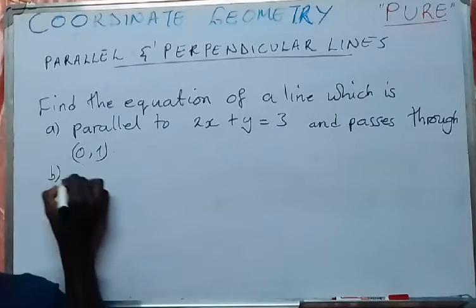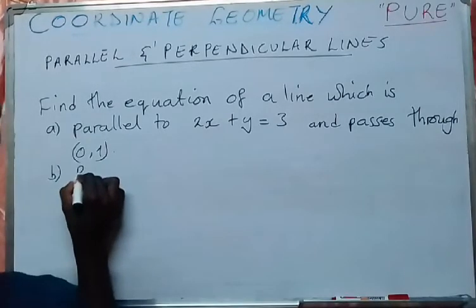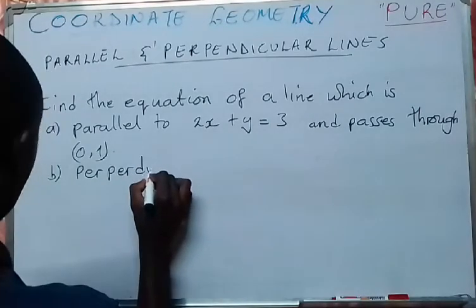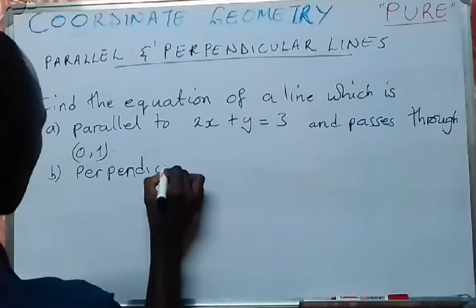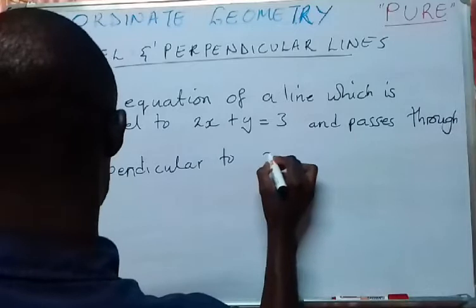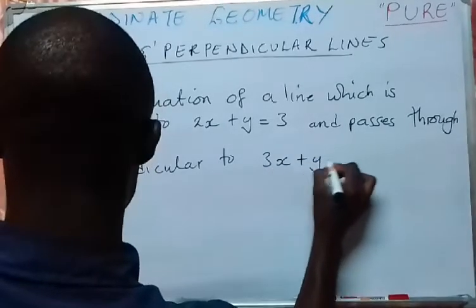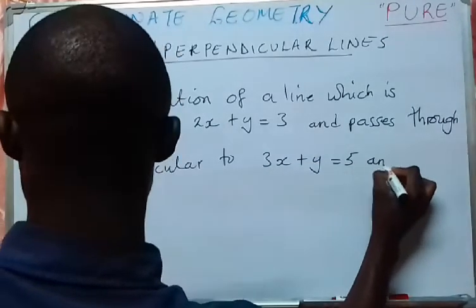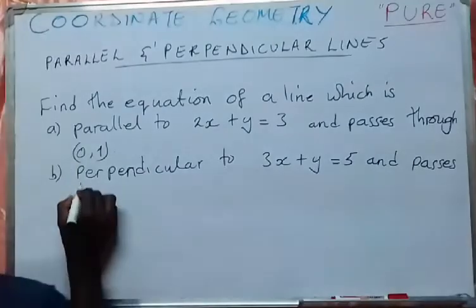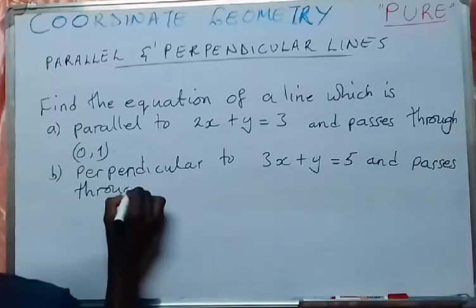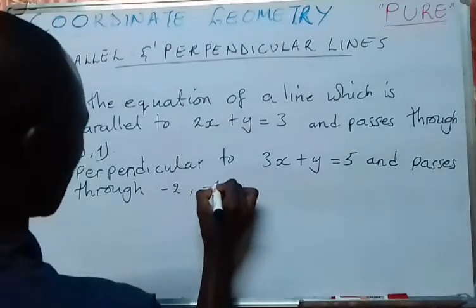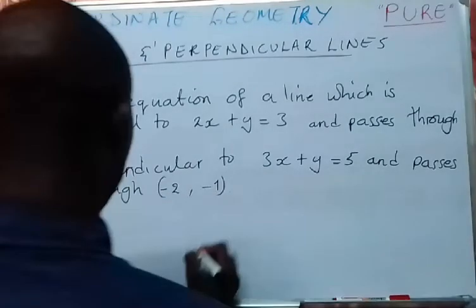Then question B is saying perpendicular to 3x plus y equals 5 and passes through (-2, -1).